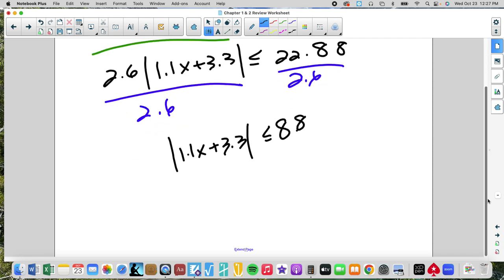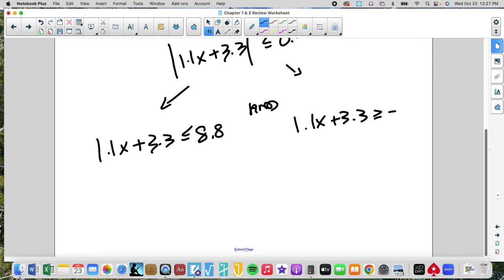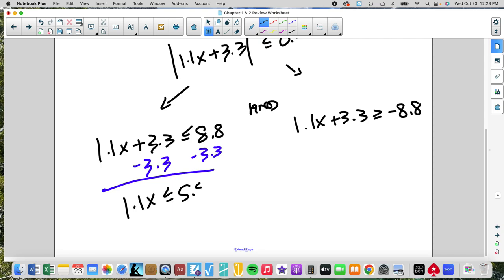Okay. Now we write two statements. It's less than, so it's going to be an and. 1.1x plus 3.3 is less than or equal to 8.8, and 1.1x plus 3.3 is greater than or equal to negative 8.8. Let's minus 3.3. We get 1.1x is less than or equal to 5.5.